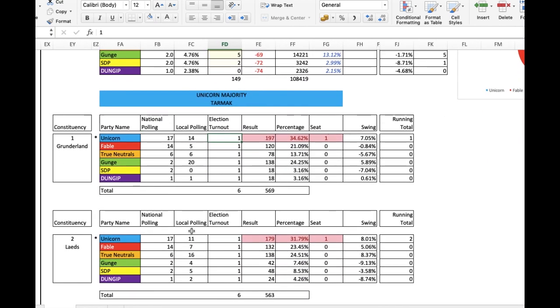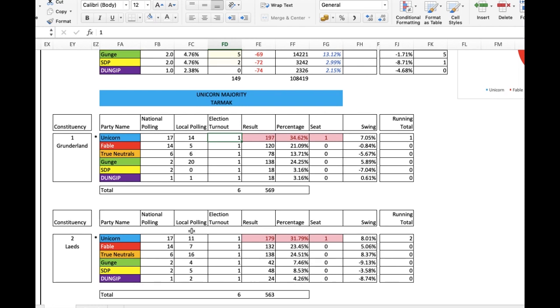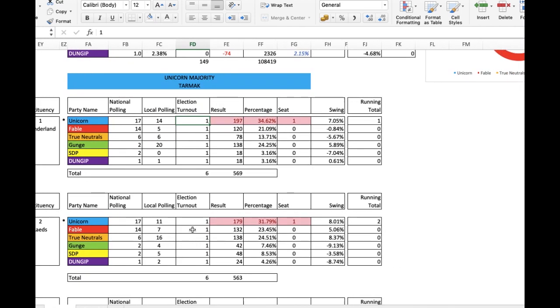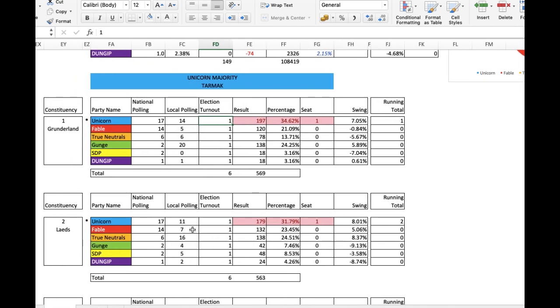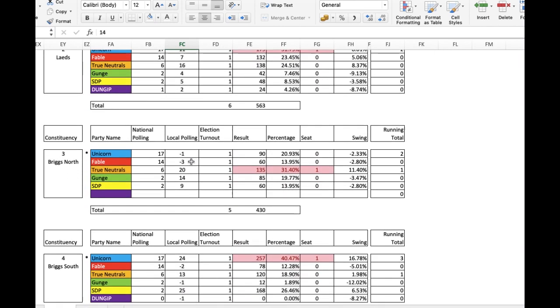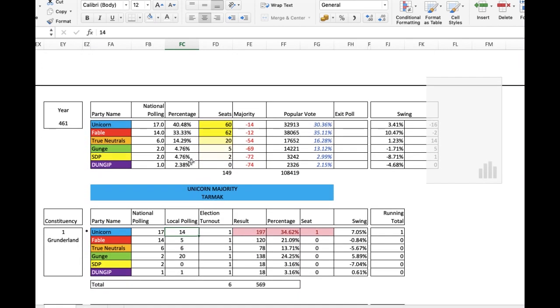That would take absolutely ages and be really, really draining on my creativity, I imagine. But when election day comes, I will roll the local polling for each constituency and see how it turns out, and see if we can get an exit poll that is encouraging or an exit poll that is not so encouraging. So yeah, I hope that explained it.